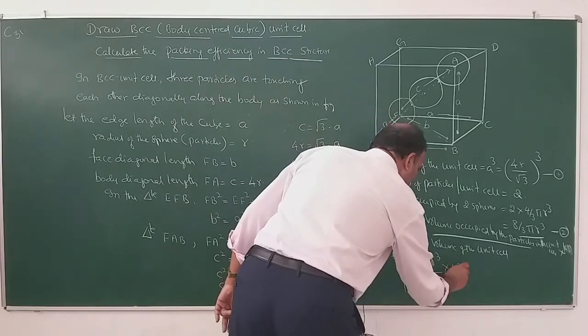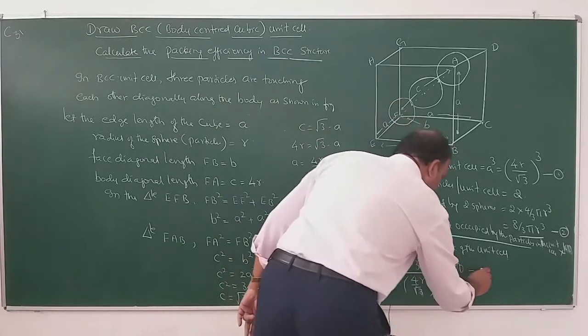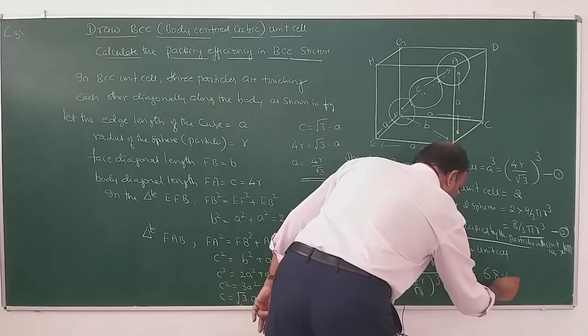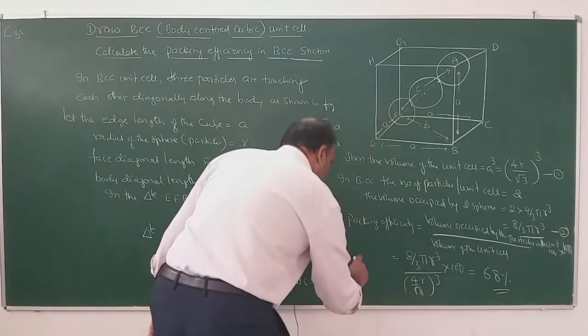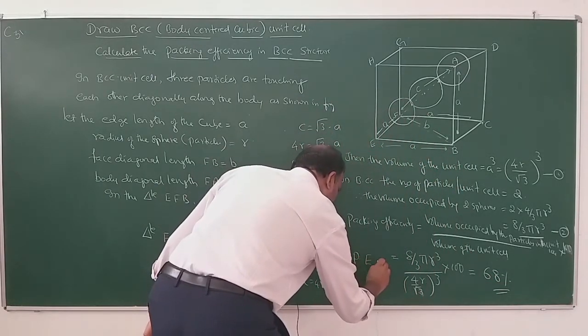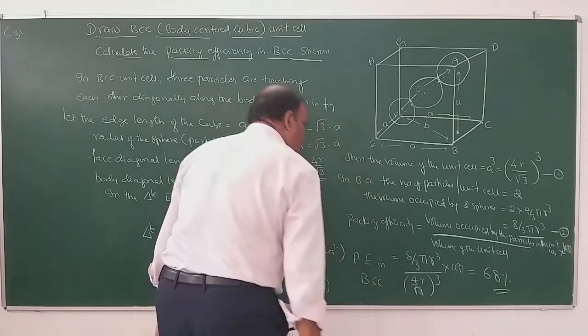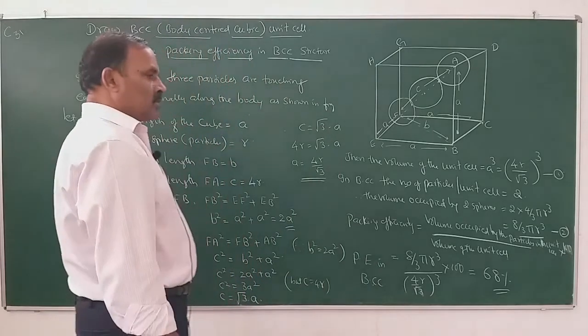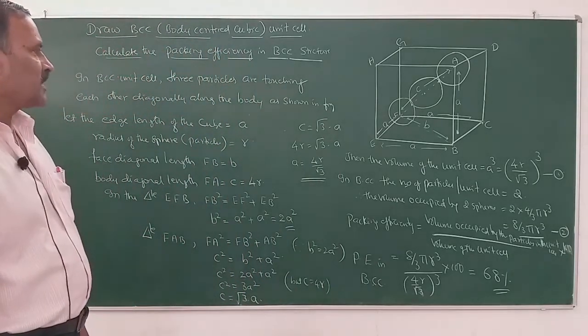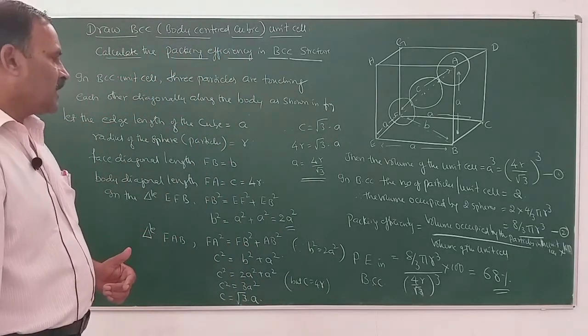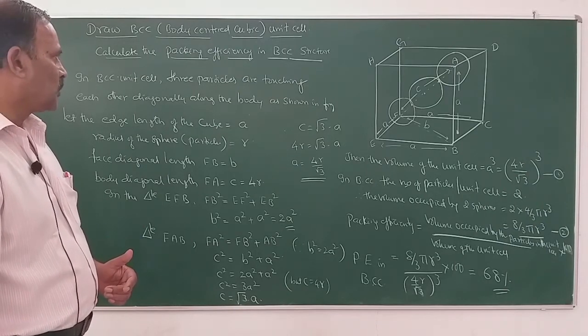Into 100, this equals 68%. So this is packing efficiency in BCC, body centered cube. So this is how we can calculate packing efficiency in body centered cube.